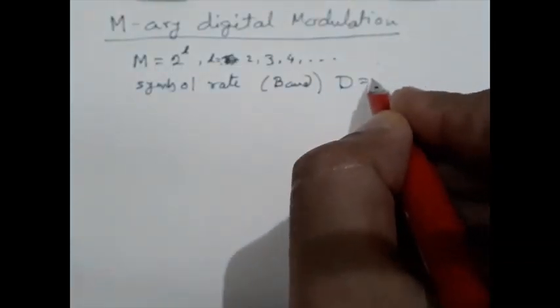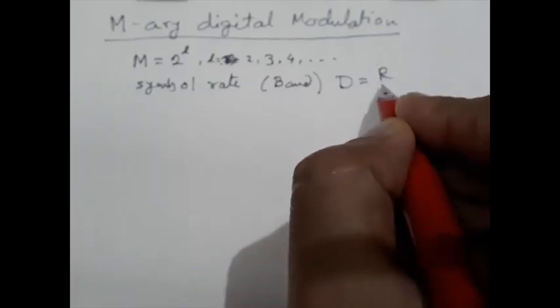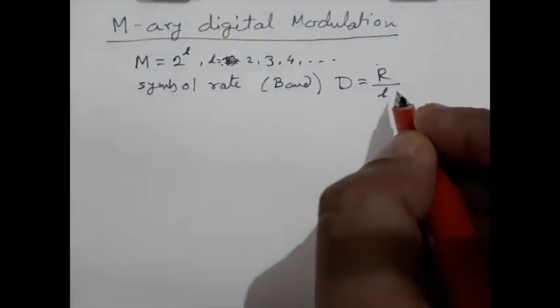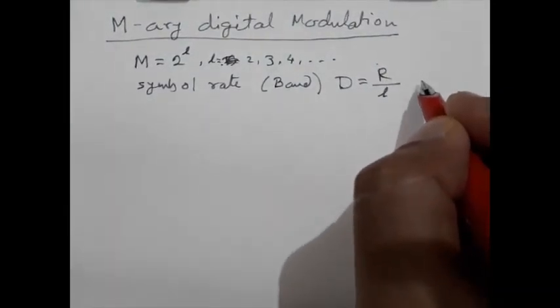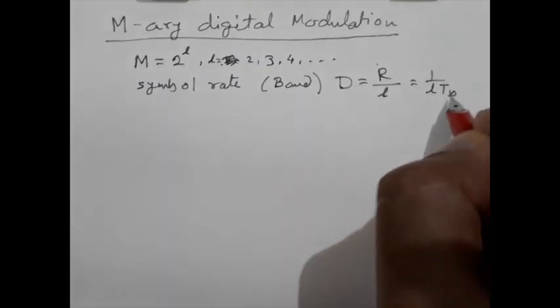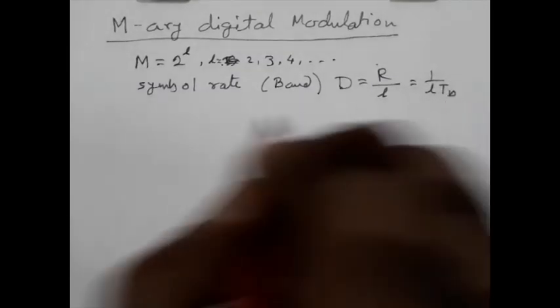The baud rate D is equal to the bit rate R divided by L. R is the bit rate. That means D equals 1 by L into TB, where TB is the bit time.